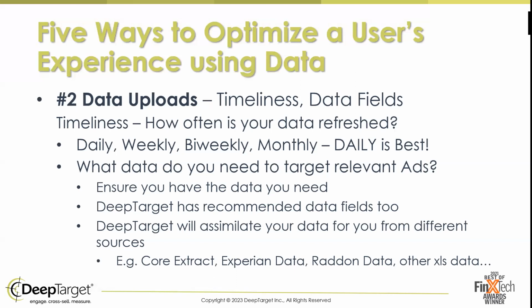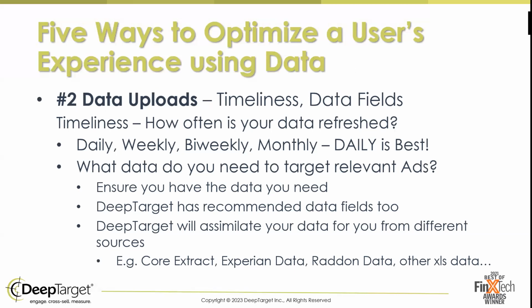We also have recommended data fields that we suggest. We have mandatory and recommended ones. Part of those we mentioned earlier for the predictive model. Some things come out of your core, but you may have external data outside your core. You may hold credit cards externally, or you may have some other Experian data or data out of another data warehouse that you want to combine with DeepTarget.